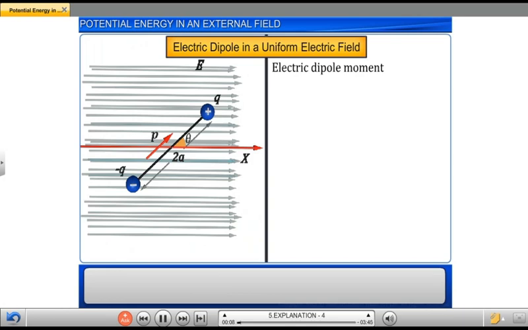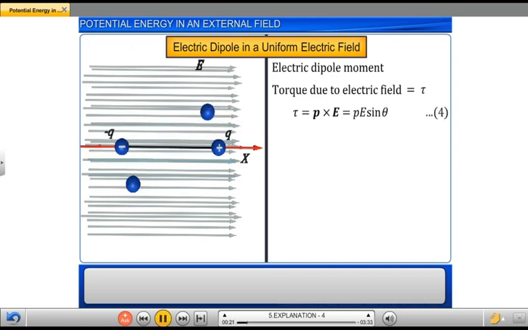The dipole, when placed in a uniform electric field, experiences a torque tau, which is equal to P cross E, equal to P E sin theta. Let this be equation 4. This torque rotates the dipole until it is aligned in the direction of the external electric field.